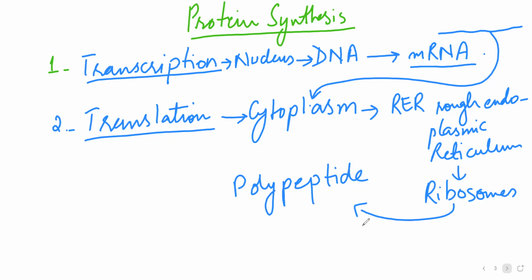Translation is basically the process in which the polypeptide chain is formed with the help of ribosomes, right? More of the details are present in your A levels section, so we will have a look at the detailed process of protein synthesis when we study A levels protein synthesis. So I think that's it for today.